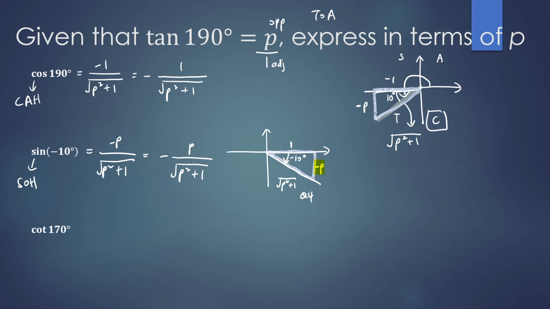Let's move on to C, cotangent 170 degrees. Let me just draw a new diagram here. 170 degrees actually happens in quadrant 2. In quadrant 2, bear in mind that S, which is sine, is the only positive trigo there. Cotangent means 1 over tangent 170 degrees.